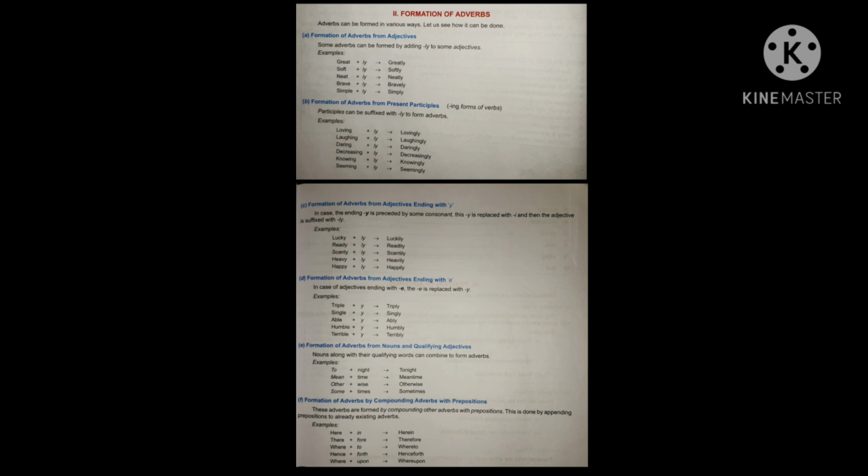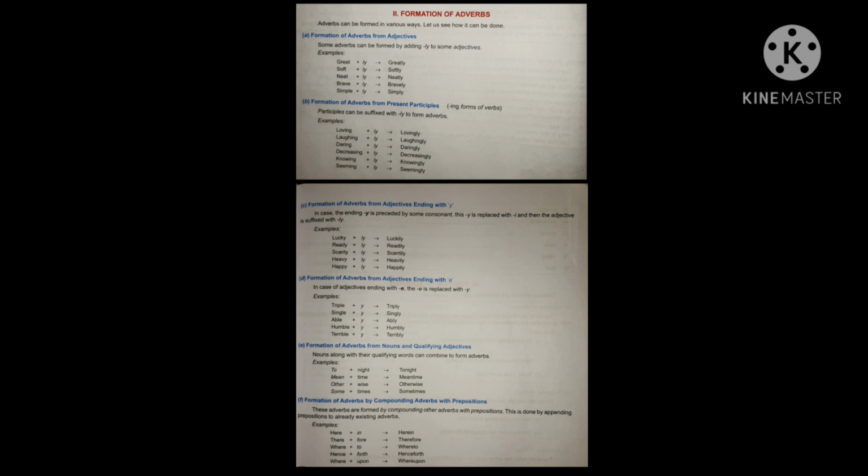Okay. And when we are adding ly to these ing words, we will get an adverb. She was playing with the child lovingly. How she was playing? Lovingly. Okay. So when we are adding ly with the ing form of the word, we will get an adverb.